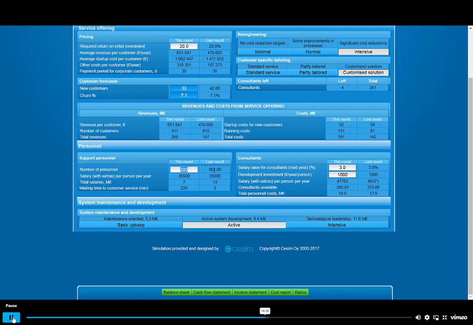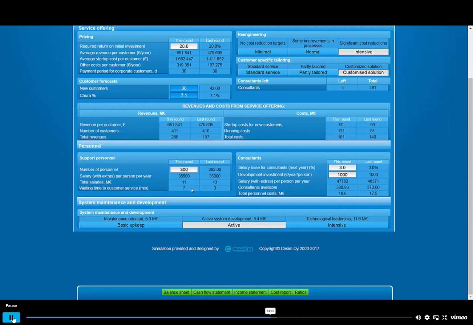So we change this to 300, and then the waiting time goes to 7 minutes. And the corporate customers, they are very sensitive to these waiting times. So if you want to offer good service, then you also need to pay attention to the support staff.